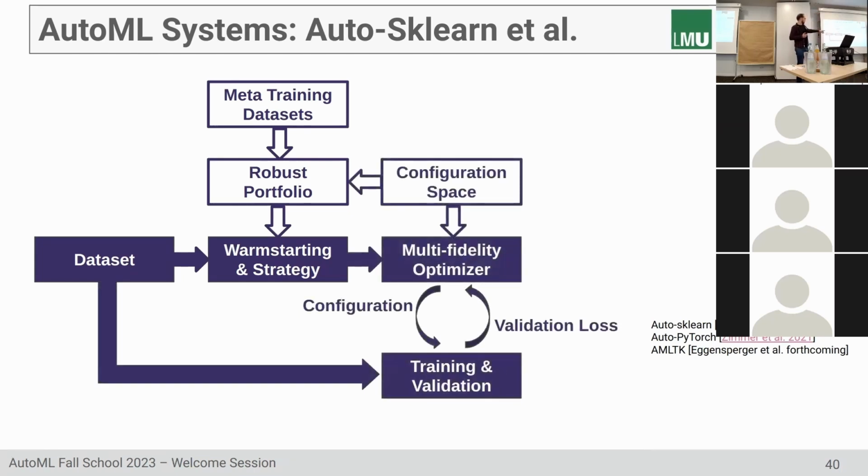Then, as I mentioned, we have the training and validation: training configurations one after the other, validating them on a validation set. And then in the end, instead of picking a single best model, we build an ensemble. One thing that's pretty common these days in AutoML is, if you train a bunch of models, you don't throw them away in the end and just pick the single best one.